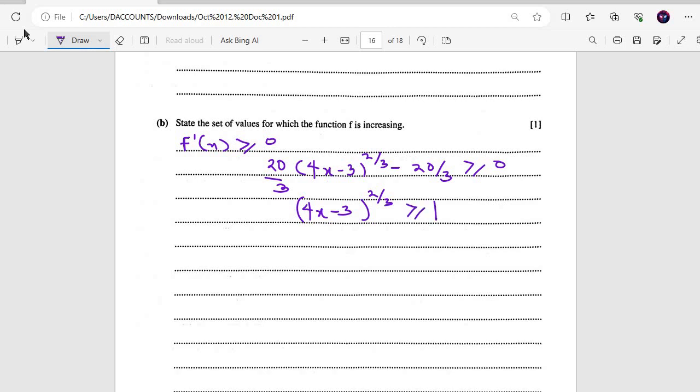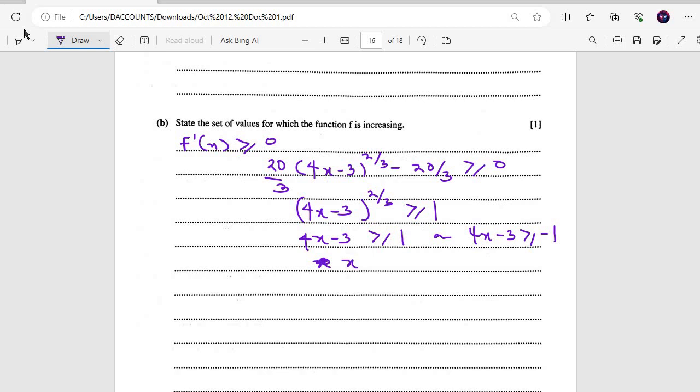When we simplify this, we arrive at something like, it can be 1 or minus 1.